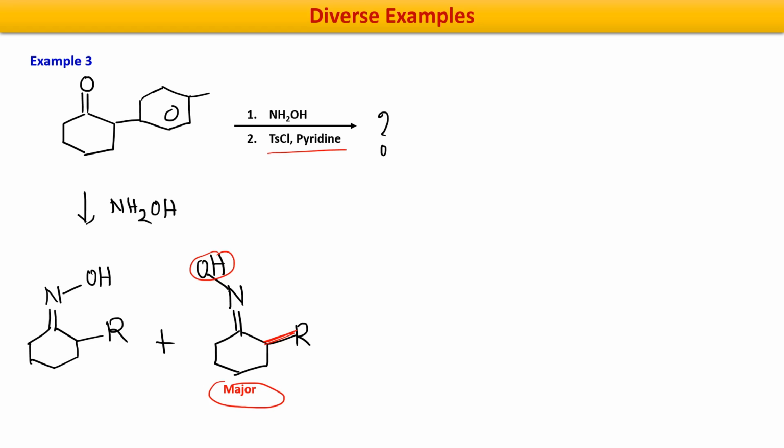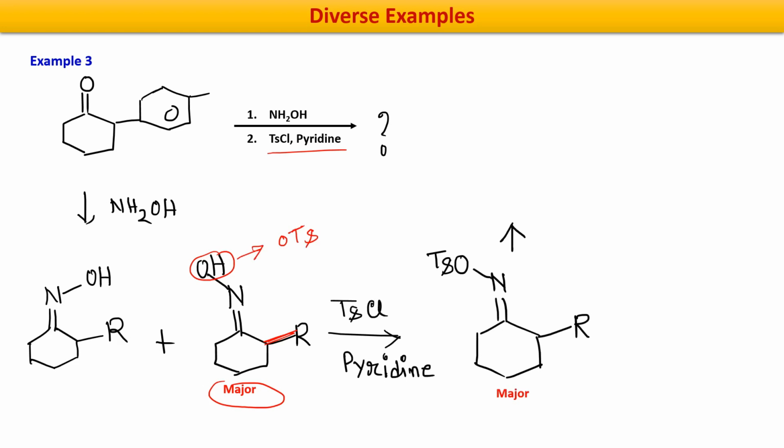Now if this is the major, in presence of TsCl, this OH will be converted to OTs. So obviously from the major oxime we will get this N-OTs, which is our starting material for the Beckmann, that will be major. And now this C-C bond with this R group will be broken because it is on the opposite side of the leaving group, and now we have a new connection here.